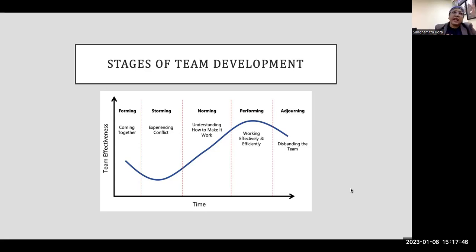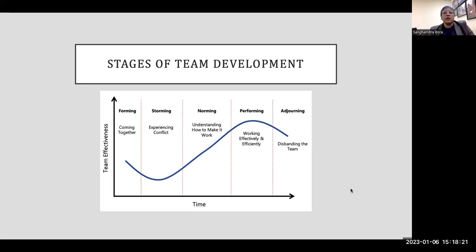When people go back home, the next day when they get up, they would start thinking, oh my God, again the same doctor. Oh my God, again the same nurse, the same kind of topics. Why am I at all in this team? I really don't want to do this. So this is experiencing conflict, the stage of storming. As you can see in this graph, the performance, or the effectiveness, of the team is at its lowest.